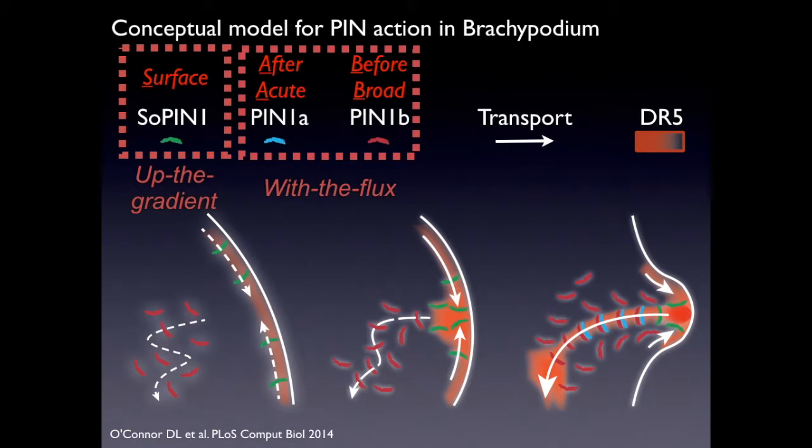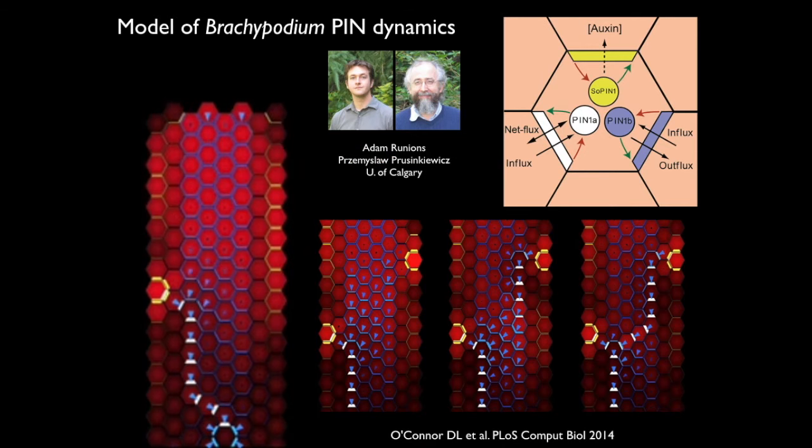And these are called up the gradient and with the flux. And I'm going to show you a computer model where essentially we've taken these 2 different polarization modes and applied them to the 2 different clades, and we're able to recapitulate a lot of the polarization dynamics in Brachypodium.